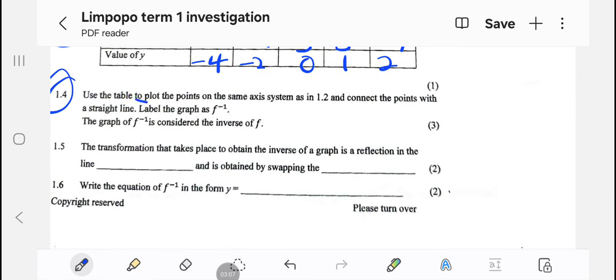1.4, use the table to plot. We are plotting on the same axis system as in 1.2. We're going to use this table to plot another graph and label the graph as inverse.